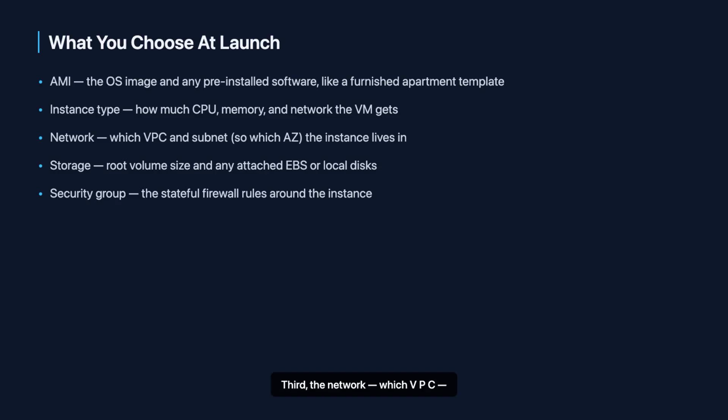Third, the network, which VPC, Virtual Private Cloud, and Subnet, which in turn picks the availability zone. Fourth, storage, the size of the root volume and any extra disks you attach. And fifth, the security group, which is the stateful firewall wrapped around the instance.